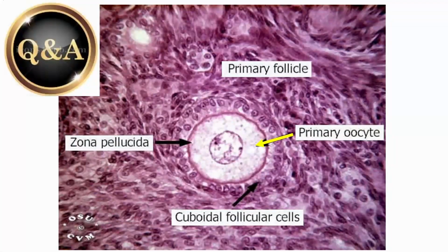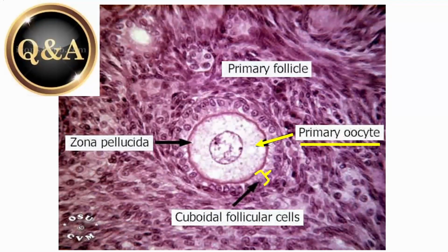Now, why is this a primary oocyte? Because, as we can see, this yellow structure is pointing out that the surrounding cells are cuboidal.